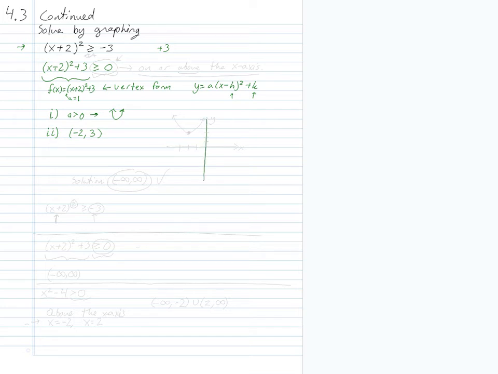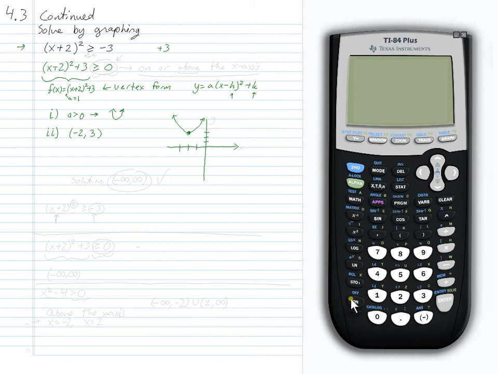So our vertex at -2, 3, this parabola opens upwards. Let's see what we're dealing with. -1, 2, 1, 2, 3. So our vertex right about there, and this parabola opens upwards. So we see this parabola lies entirely, strictly above the x-axis.